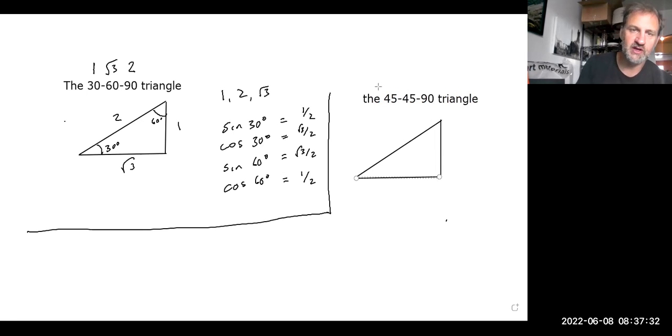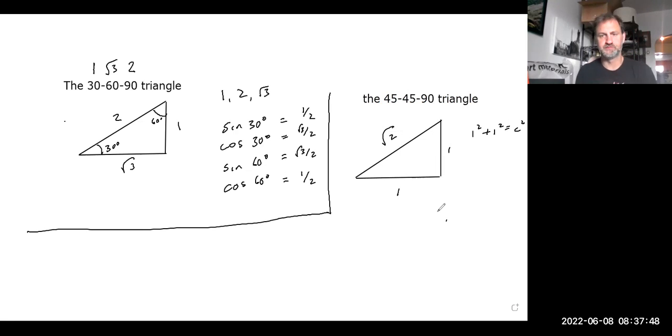So with this one, I just start with the fact that these two sides have to be equal. I use the number 1 just to make it easy for me. So then I can use the Pythagorean theorem to finish this. 1 squared plus 1 squared equals c squared. So it turns out this is the square root of 2.